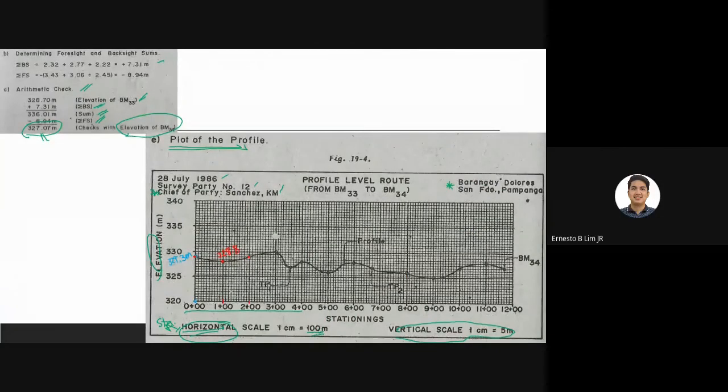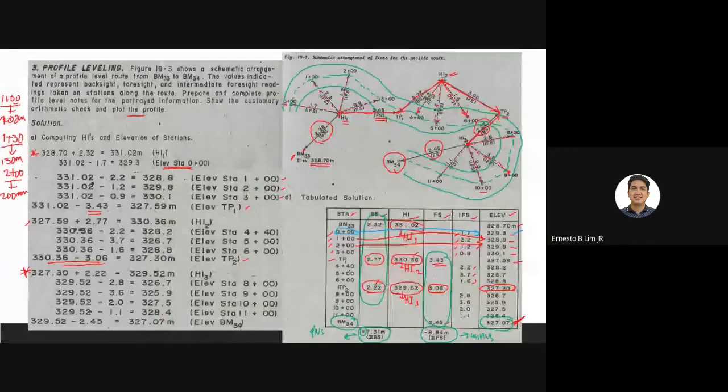And with the rest of your stationing, you just simply plot all of those points necessary in your profile until you reach BM34. Okay, so BM34 is 327.07.